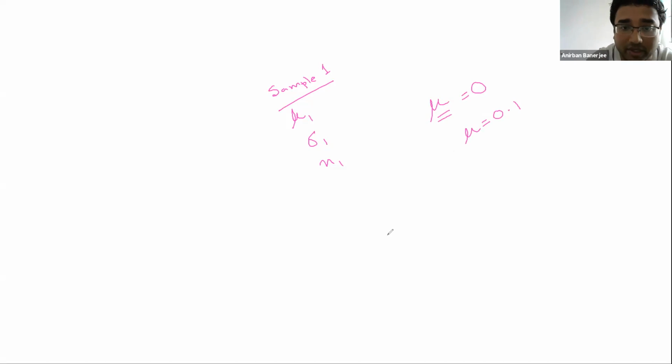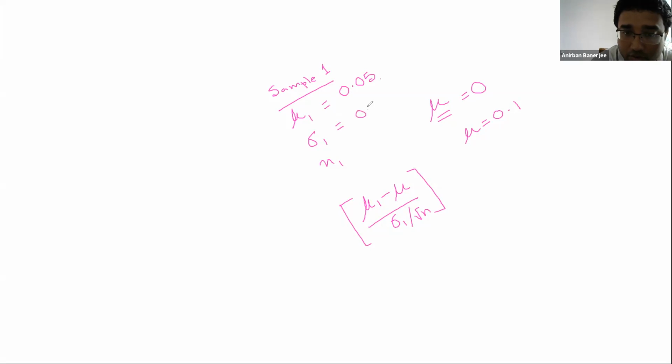What we are basically doing is taking the difference: mu1 minus mu, divided by the standard error, which is sigma 1 divided by root n. This is our test statistic. Let's say your mu1 is 0.05, your sigma 1 is 0.2, and your number of observations is 400.